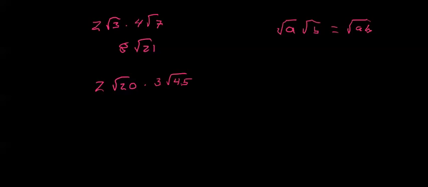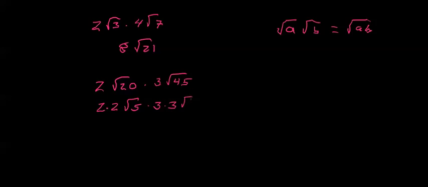We don't want to multiply 20 times 45 and then simplify it. So we have 20 is 4 and 5. Square root of 4 is 2 radical 5 times 45 is 9 times 5. Square root of 9 is 3.